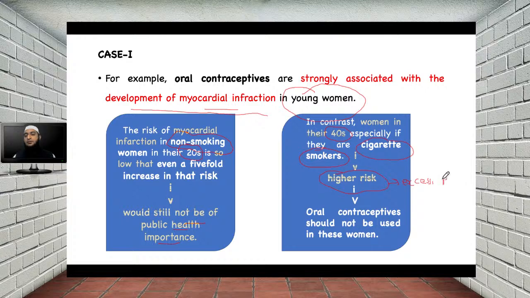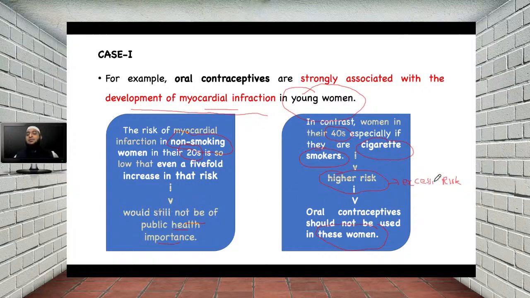Due to this excess risk, there is some figure, some number for excess risk. That number indicates that oral contraceptives should not be used in these women. Since the relative risk is low in women aged 20 or below who are non-smoking, you can give the oral contraceptive because the risk is very low.